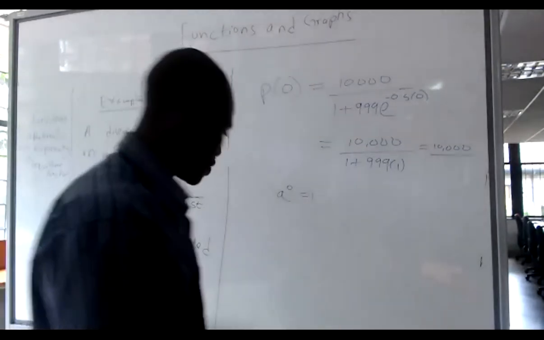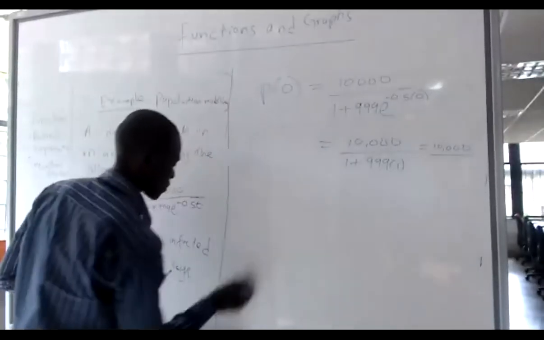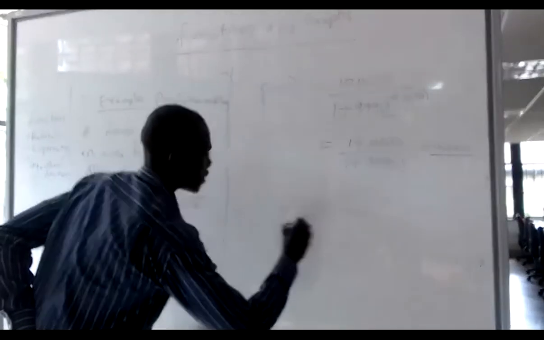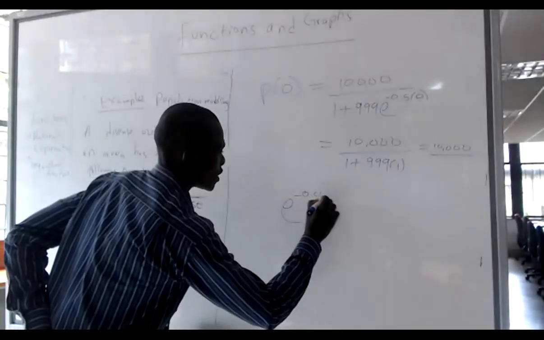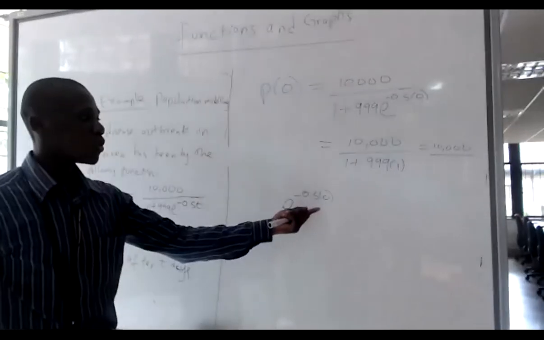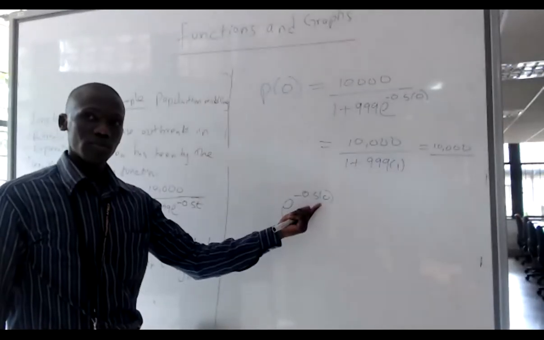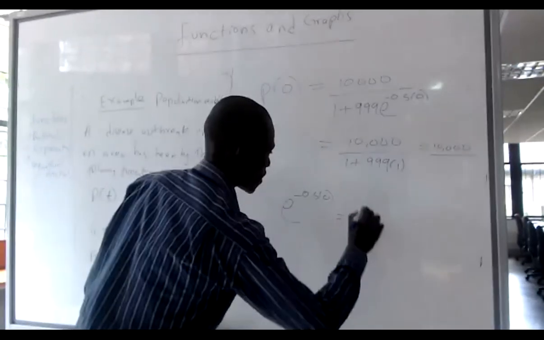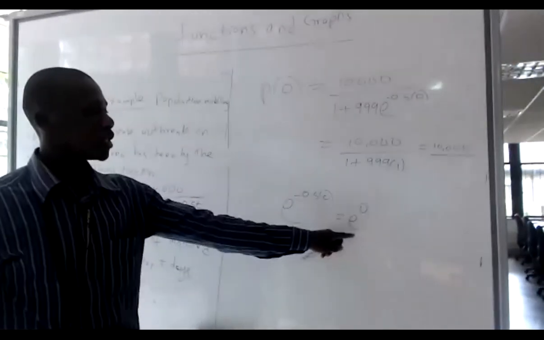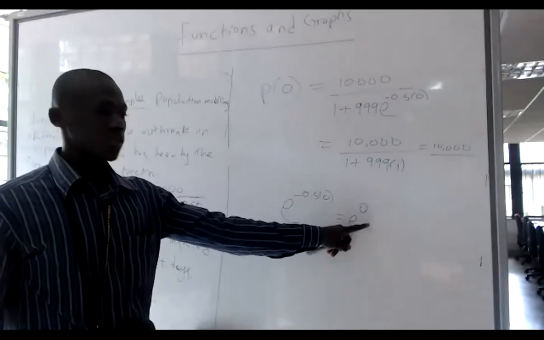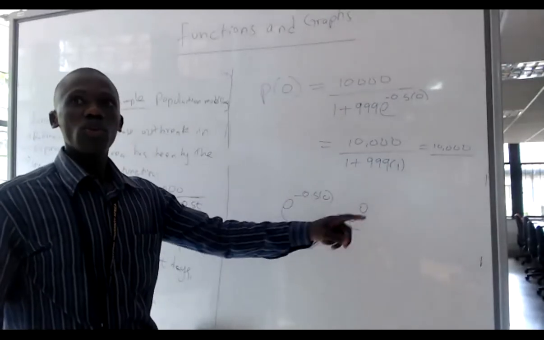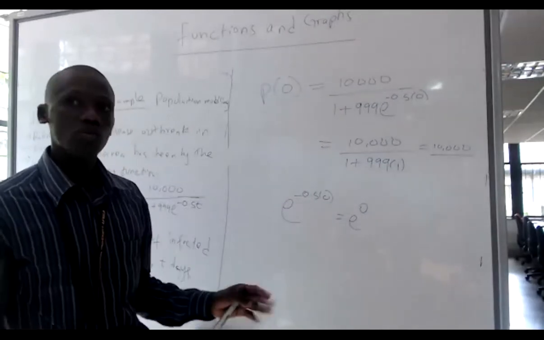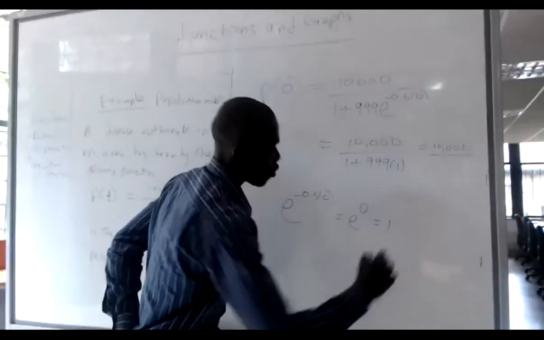So you have here exponent of minus 0.5 times 0. What is minus 0.5 times 0? Oh yeah, 0. So this should be the same as exponent 0. You can even do this in your calculator. We know any number raised to 0 will always give you 1.